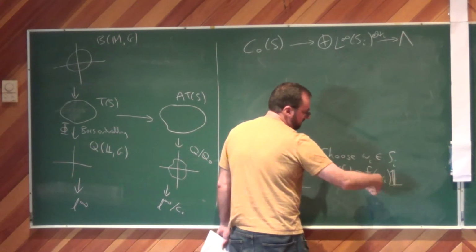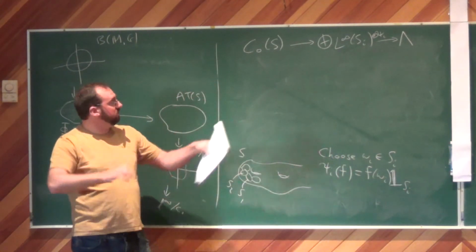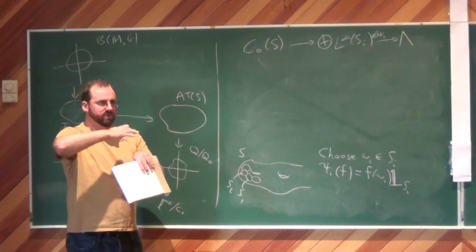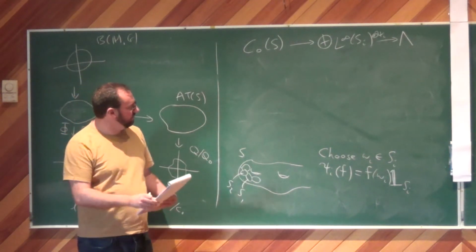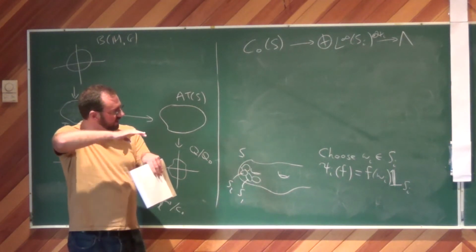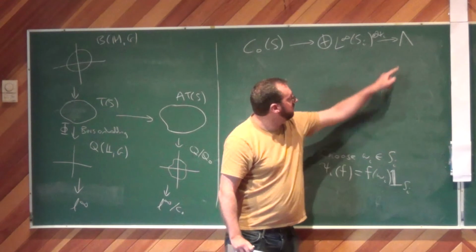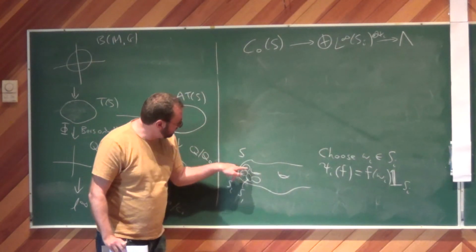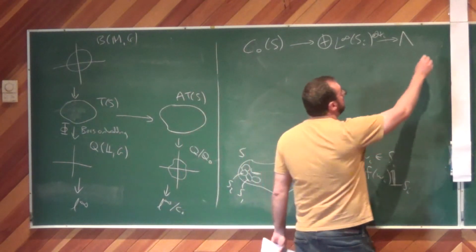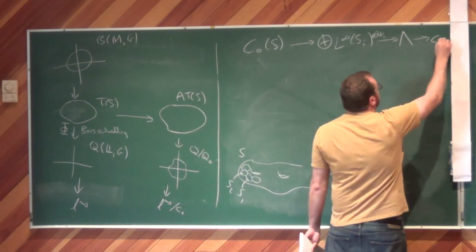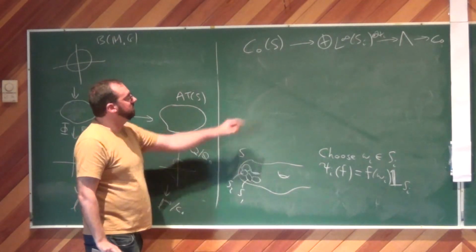Then you make the indicator function on your little surface. You start with a continuous function, break it up into little pieces, find some little piece, and then smooth it out by making it constant on each of these little S_i. So you can map that isometrically to C0, the space of sequences which go to 0.